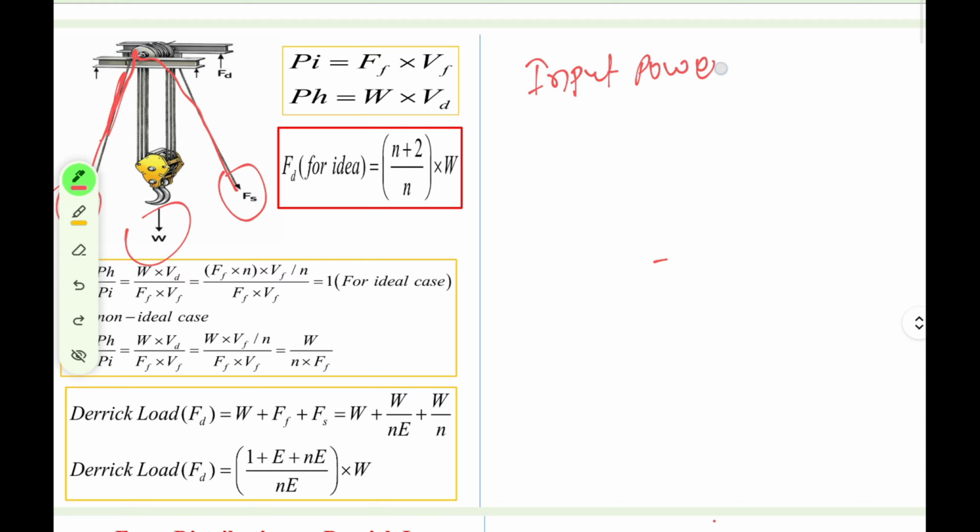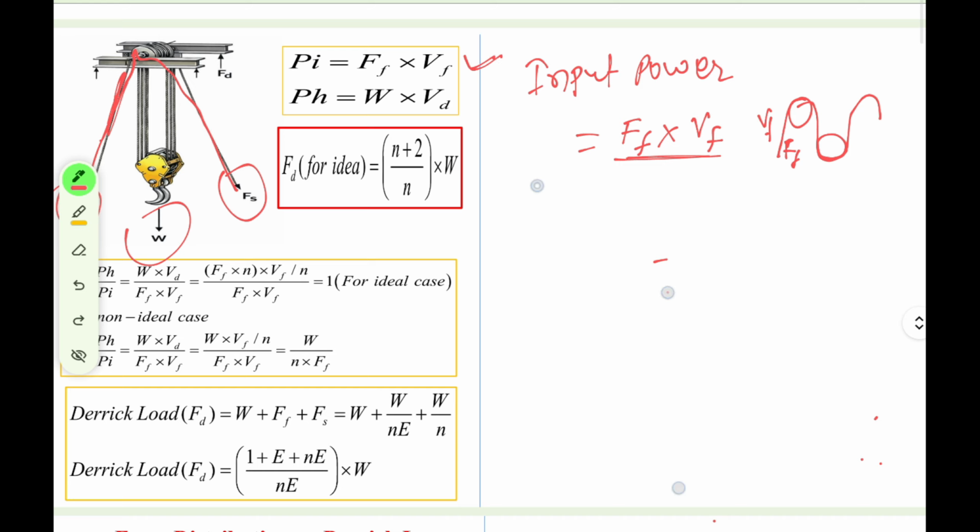If I have to write the input power, power is nothing but force multiplied by velocity. Here Ff is the input force, the amount of force you are applying to lift the weight, multiplied by the velocity of the fast line. Right now I have drawn only this diagram, so this is the input power I have written over here.